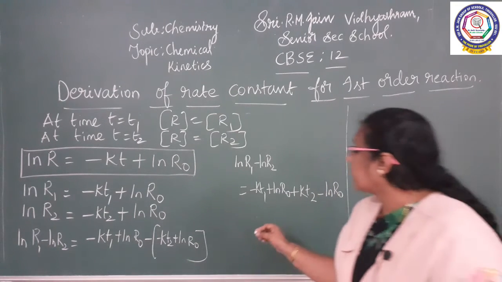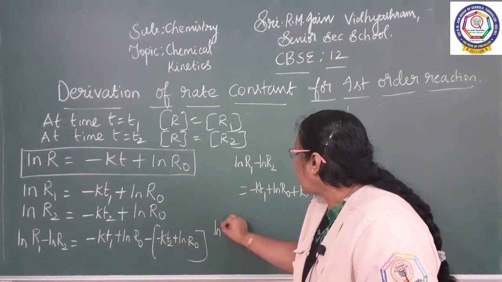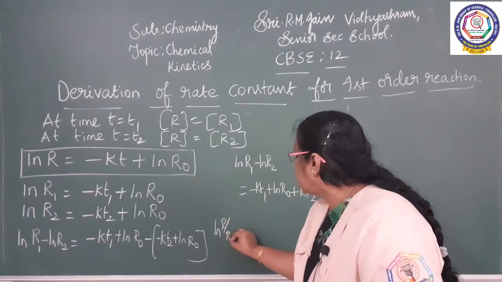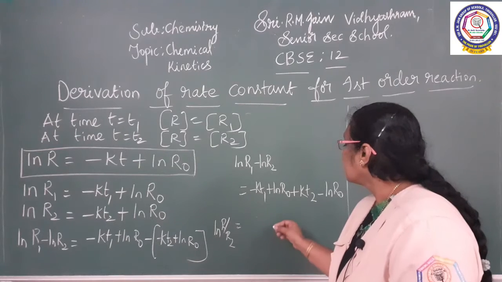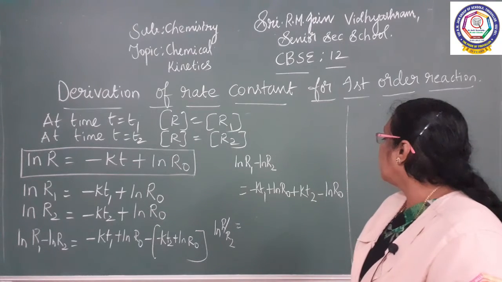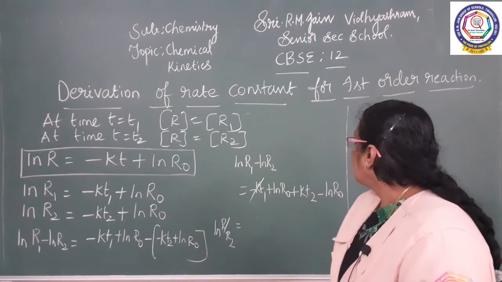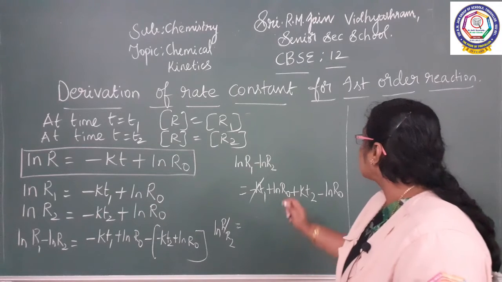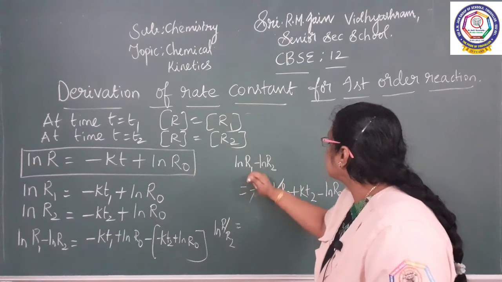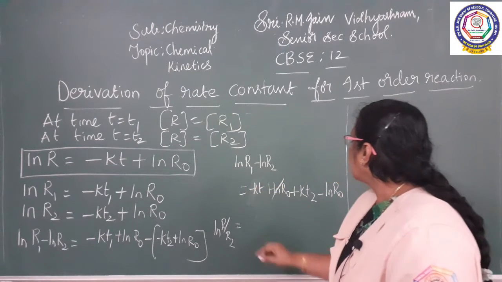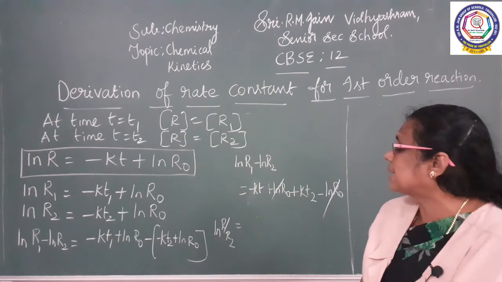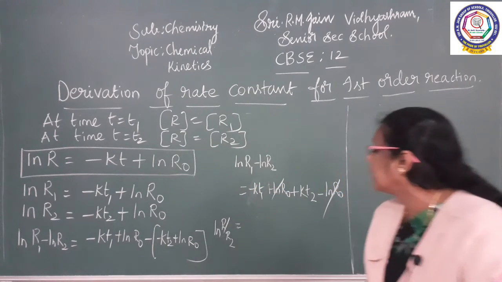From this we can write ln R1 by R2 is equal to minus Kt1 plus Kt2, plus ln R0 and minus ln R0 getting cancelled.